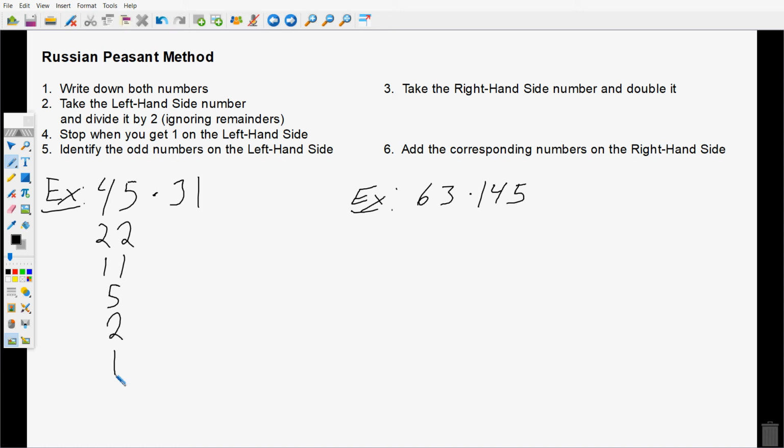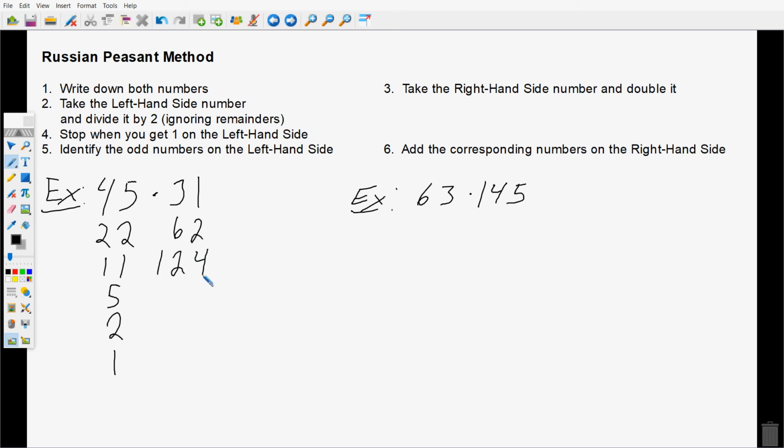Now on the right, for the number 31, I will need to start doubling that number. So doubling means also multiply by 2. And if you want, on your calculator, you can start with 31 times 2, which gives you 62. And then on your calculator, you should be able to just push times 2 again, and that should give you 124.